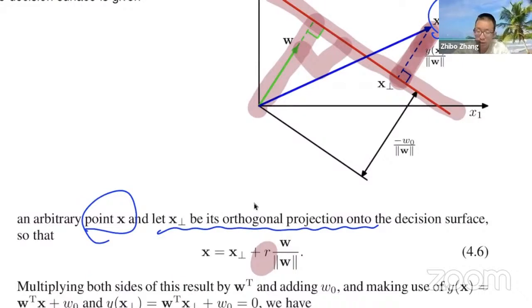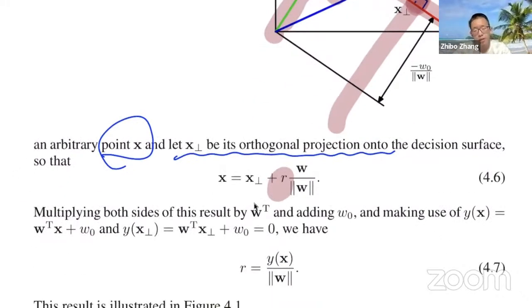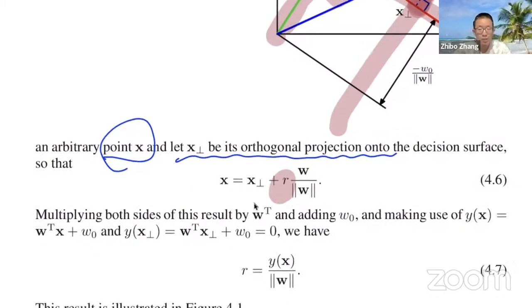The difference between the two points is this line, which is orthogonal to the decision surface, so it's going to be the direction of the weight vector multiplied by some scalar.